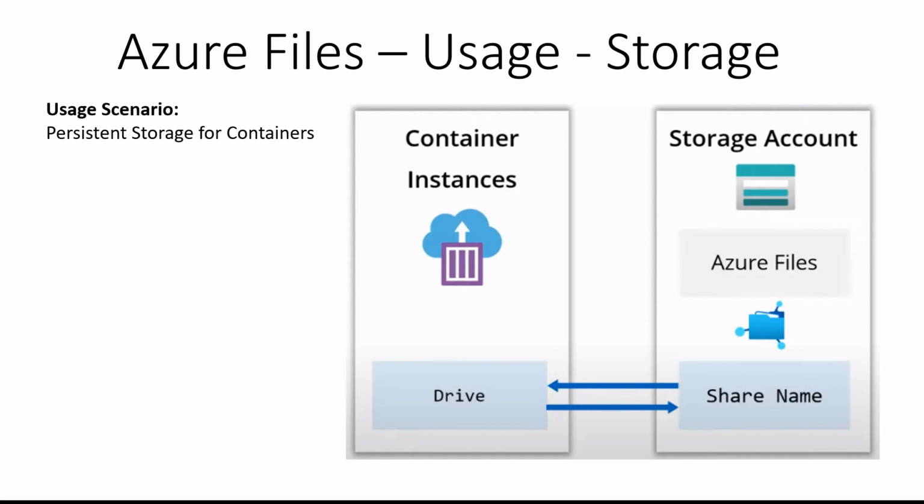For that, you can use your file shares also. Because the point is, we can now associate a file share to a container. This is the summary. Earlier, it was not possible. So you can use Azure Files as a persistent storage for containers.